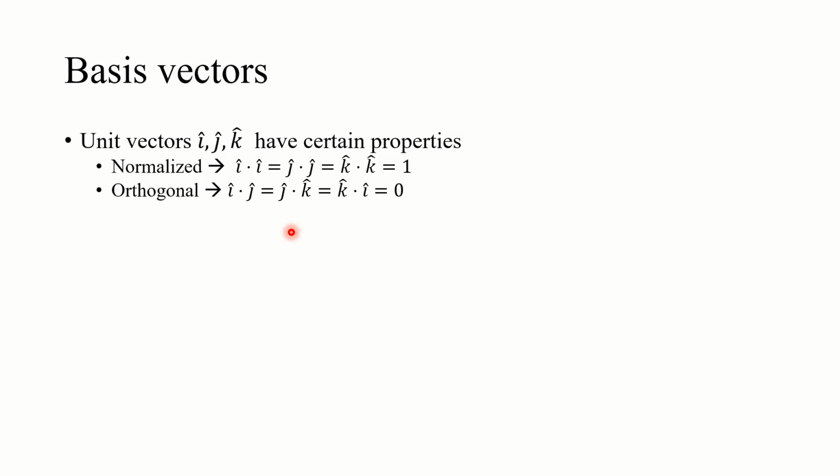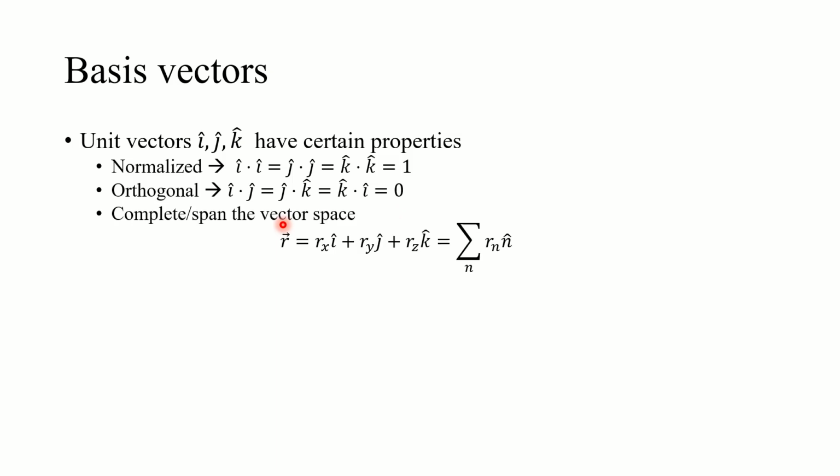And the last property they had was that they spanned the space, or they formed a complete set, which is, again, just what we already mentioned: any position vector in that space could be written as a linear combination of those unit vectors, or written more compactly, it's just a sum over the coefficients times all the different unit vectors.